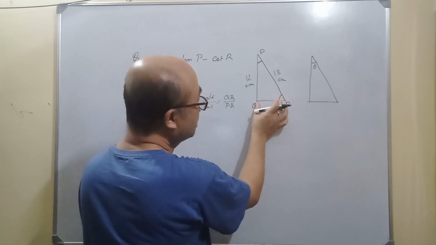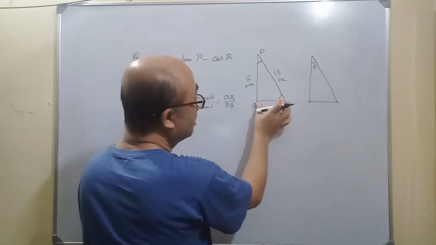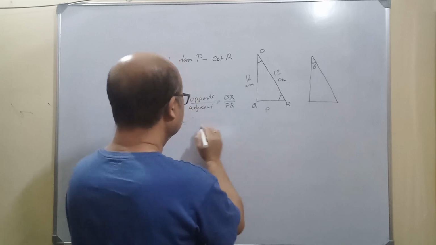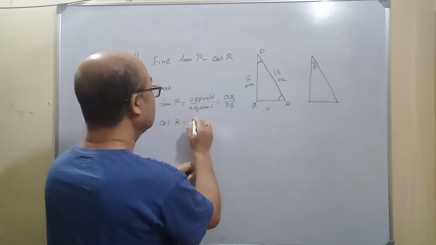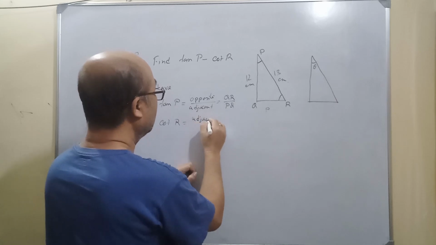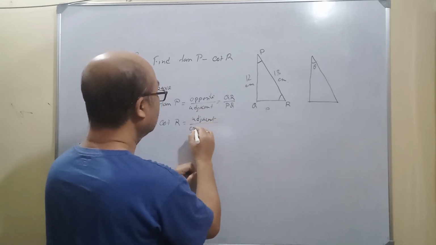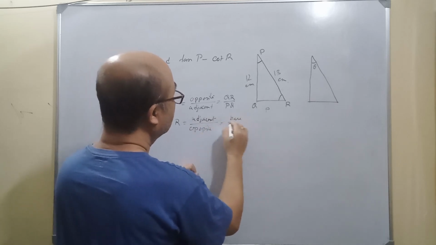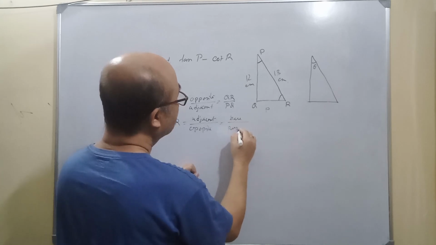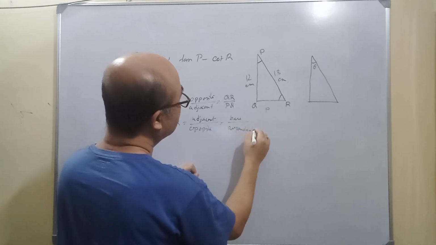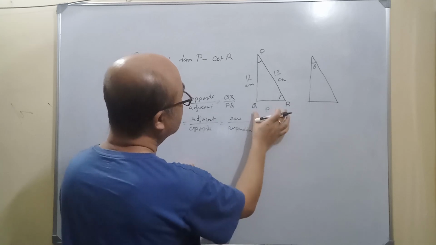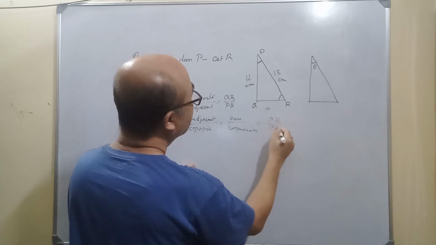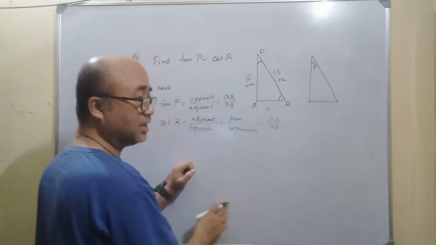And the cotangent of this angle is base by perpendicular, adjacent by opposite, same thing, which is equal to QR divided by PQ, right?